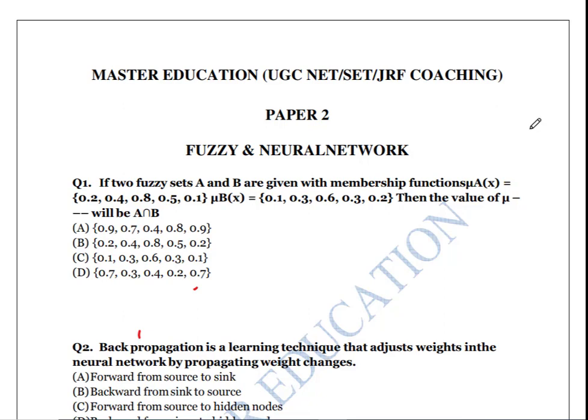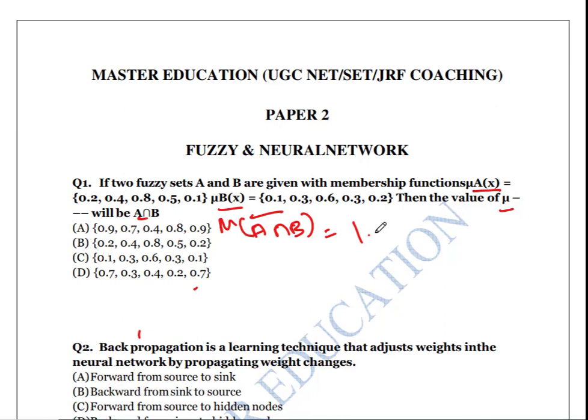Let's go. If two fuzzy sets A and B are given with membership function mu of A(x) equal to 0.2, 0.4 and some points, and mu of B(x) equal to 0.1, 0.3 and so on, then what is the value of mu of (A intersection B) the whole dash?